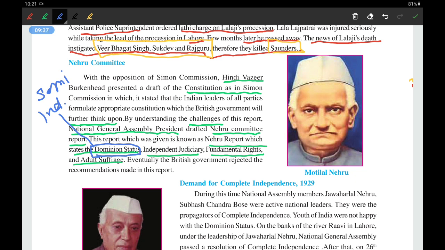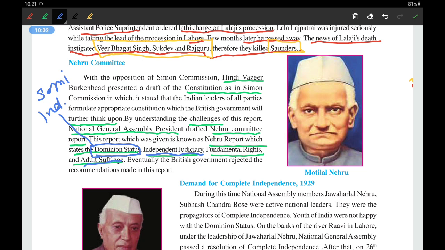So India did not ask for complete independence in the starting of the movement, but asked for dominion status. Then they wanted an independent judiciary, meaning the courts should be free from the Britishers, and fundamental rights and adult suffrage, meaning the right to vote.